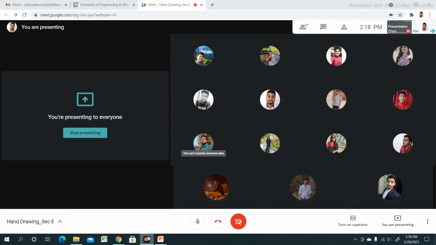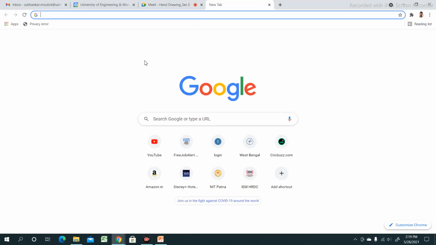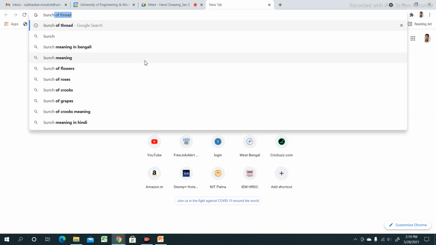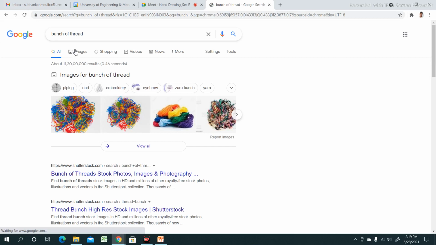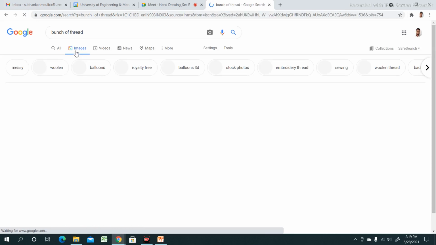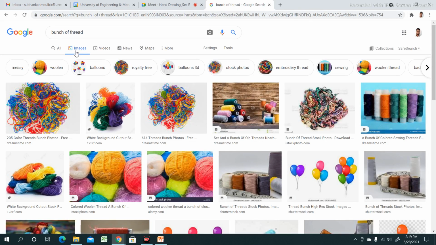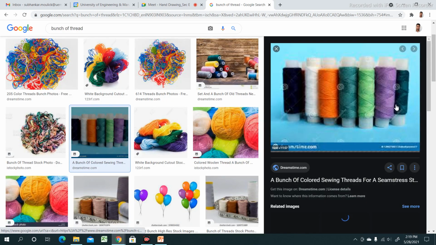That practical example is, have all of you seen a bunch of thread? So I am talking about this type of thread.